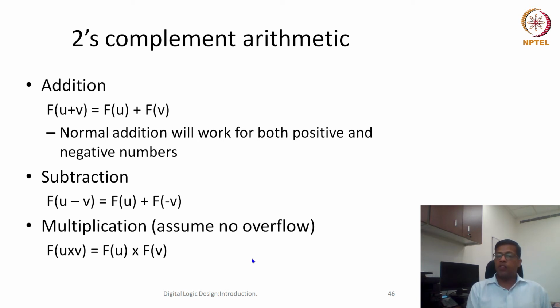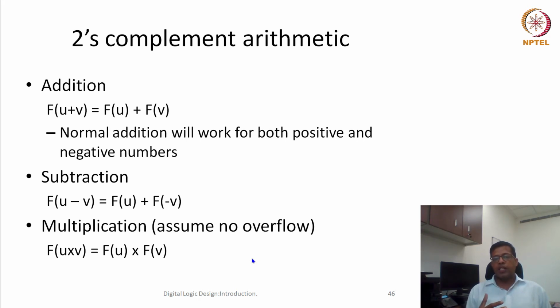But a caveat is that there is no overflow assumed. That essentially means that if I am multiplying a 4-bit number with another 4-bit number, the output should not be more than 4 bits, then the result would be correct. Otherwise it may not be correct. So there are always ways to fix it. That's why multiplication can also be worked out using this 2's complement arithmetic.